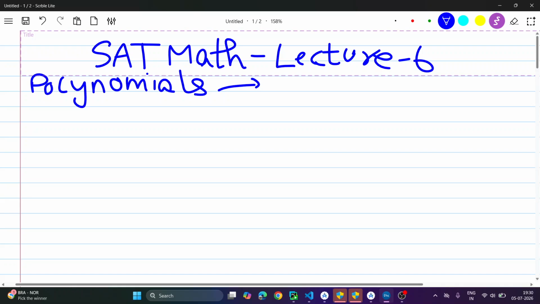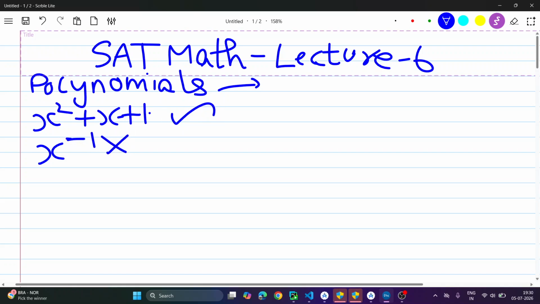Alright, so first of all, what is a polynomial? x squared plus x plus 1. Okay, this is a polynomial. x to the power minus 1 is not a polynomial. You know why?